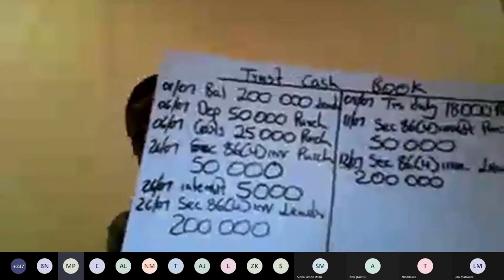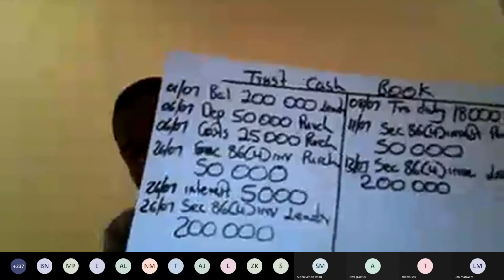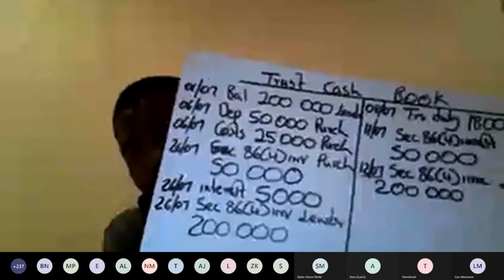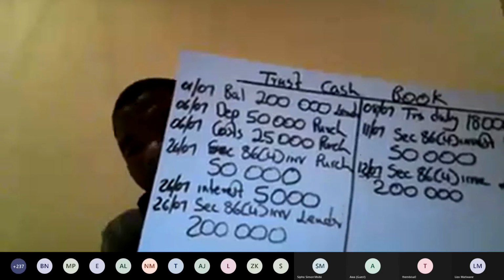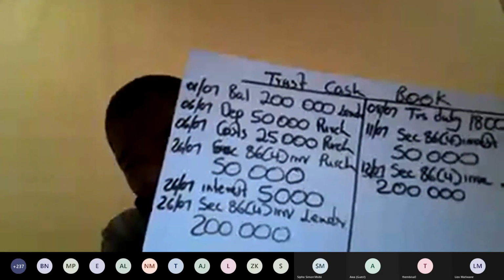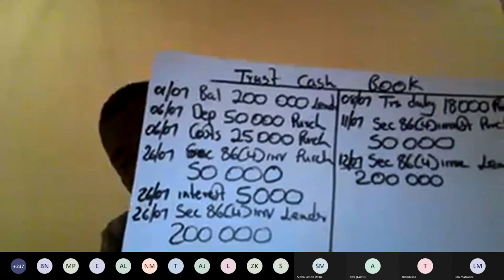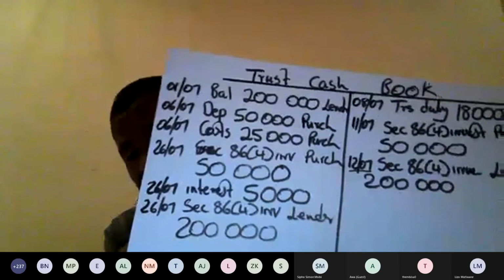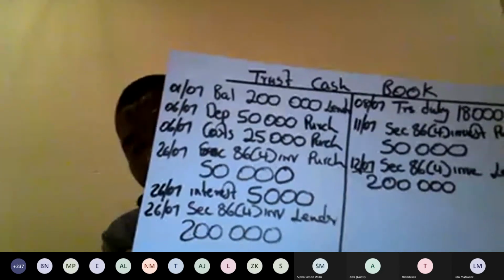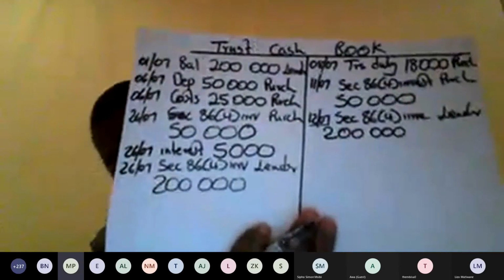If they told us that we need to leave it in the investment account, they would have told us, with respect to the lender, only withdraw a certain amount. If the statement does not say only withdraw that, then you just withdraw the whole amount. Now the 200,000 Rand has been debited in your trust cash book.